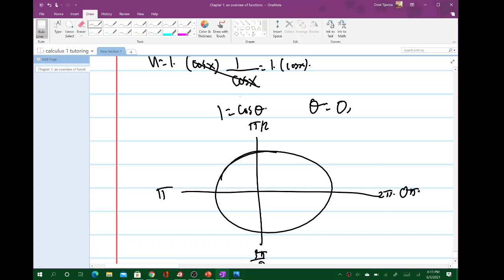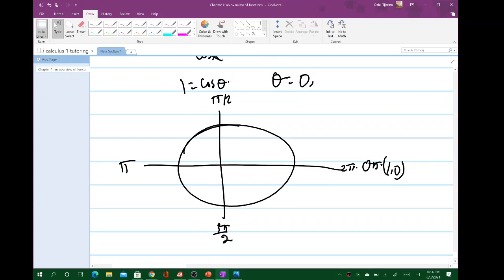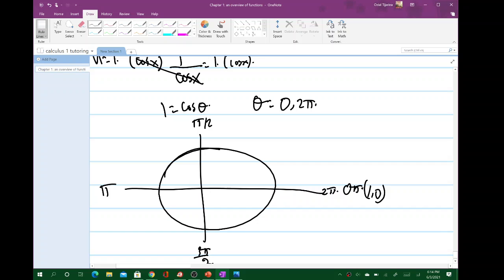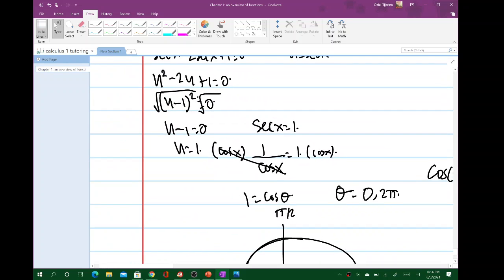In reality, this is the same as saying, at what angle theta does x equal 1? This is 1 comma 0, okay? So then you would say 0, and then you would do 2 pi radians, because it's not just 0 degrees, but it's also at 2 pi radians.